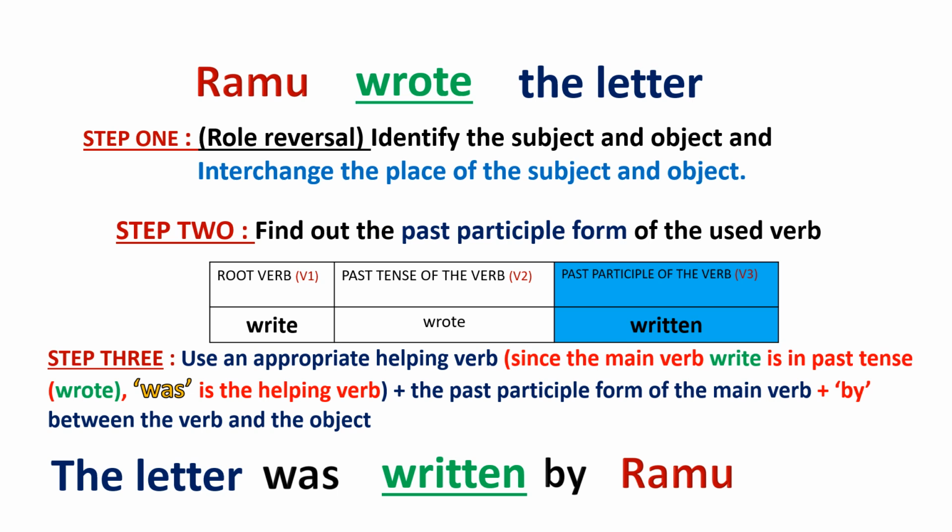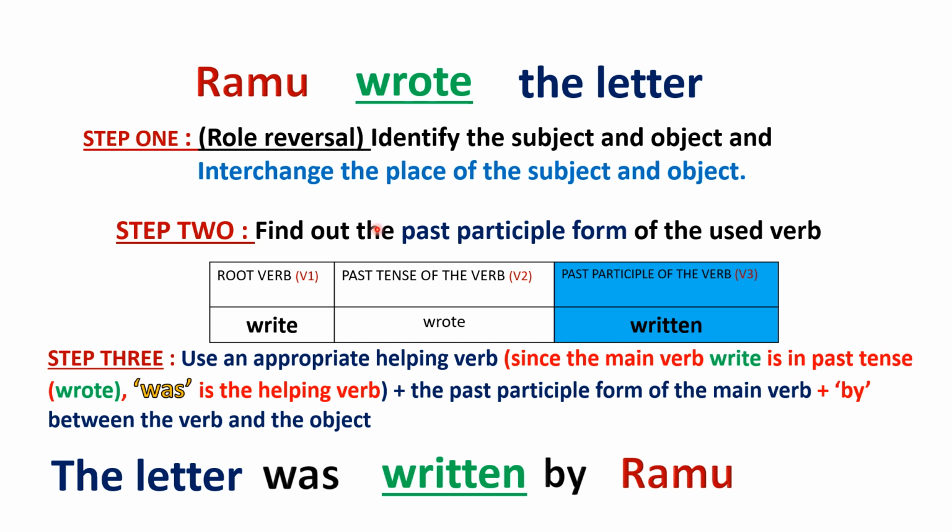The sentence becomes Ramu wrote the letter. The first step is to interchange the subject and the object. The object becomes the subject and the subject becomes the object. Now the second step is very important. The verb is in past tense. The main verb is write. The past tense of the verb is wrote and the past participle form of the word is written.